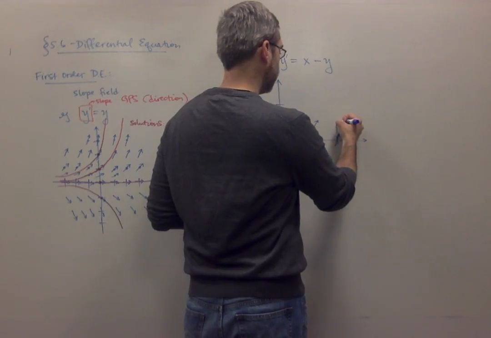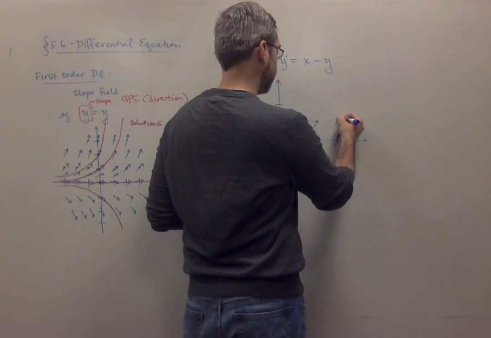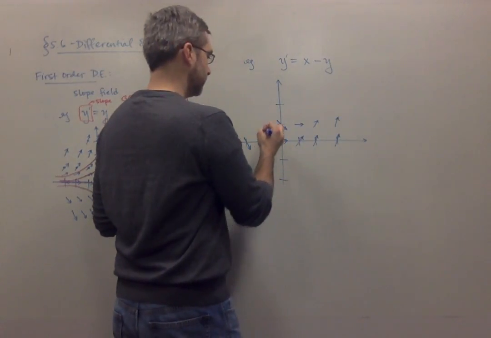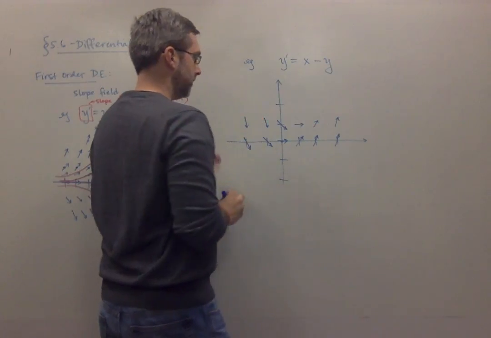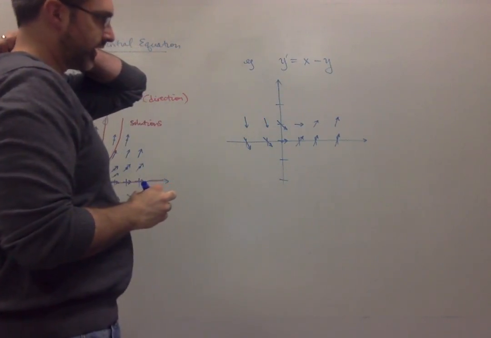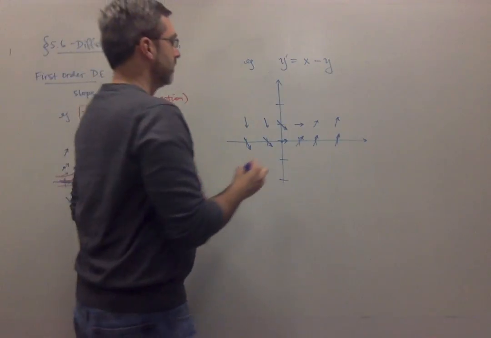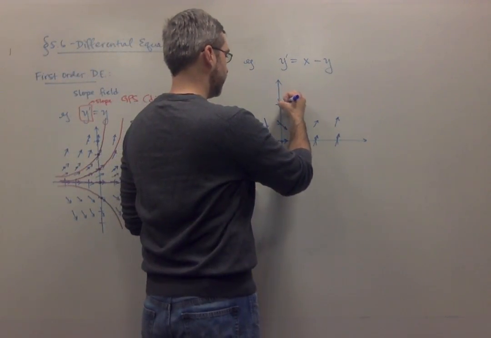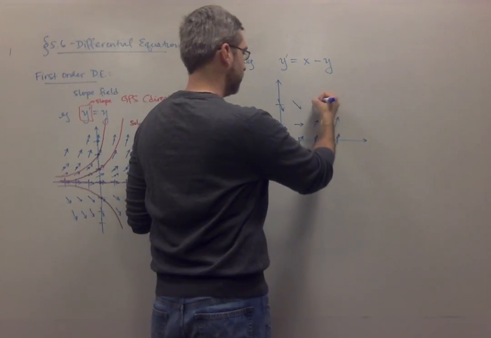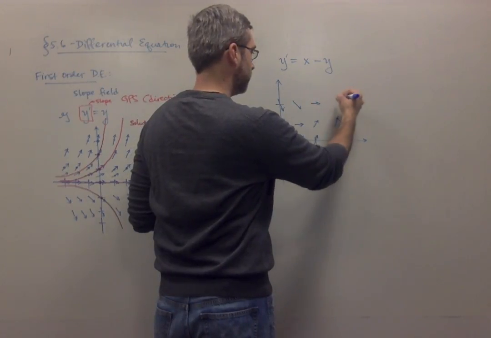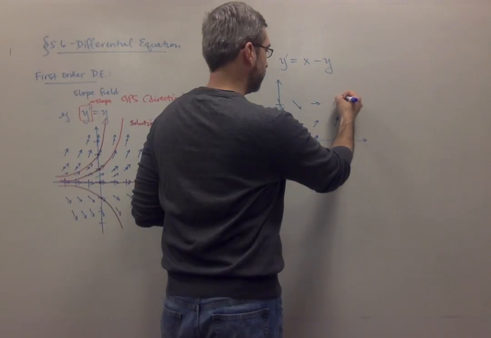At 3, 1, the slope is positive 2. Okay, and if we were to back out this way, it would just keep getting steeper there. Steeper negative. Okay, and at 0, 2, we've got a negative 2 slope, then a negative 1 slope, then a 0 slope, then a 1 slope, etc.